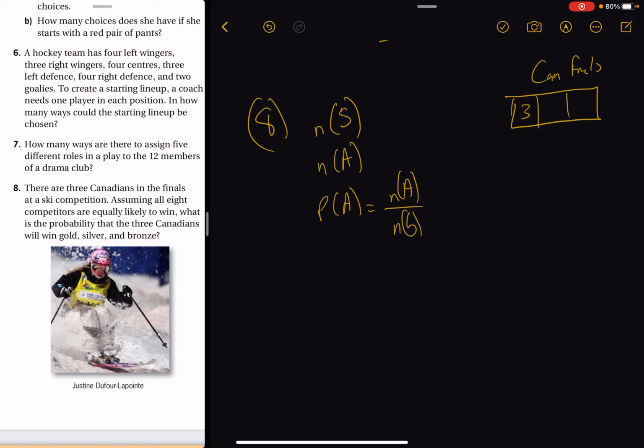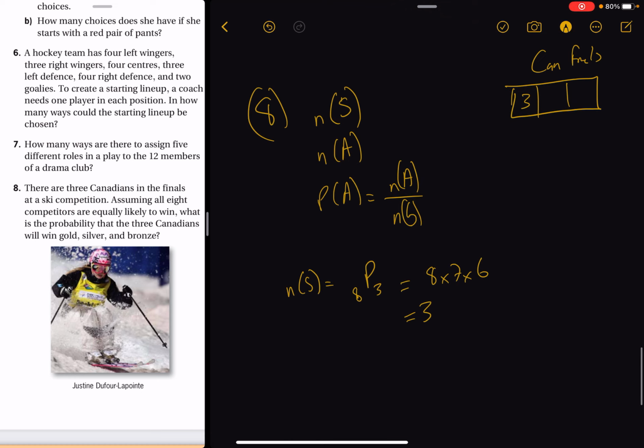Let's say they're equally likely to win. NS, the total ways to count, is 8 choose 3 ways in order, so that's 8 times 7 times 6, which is equal to 336. NS equals 336.